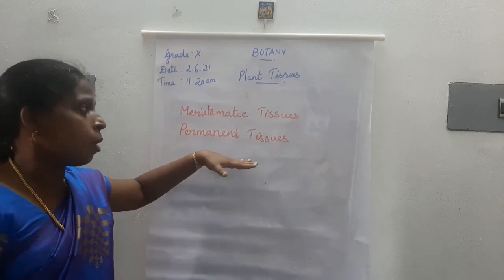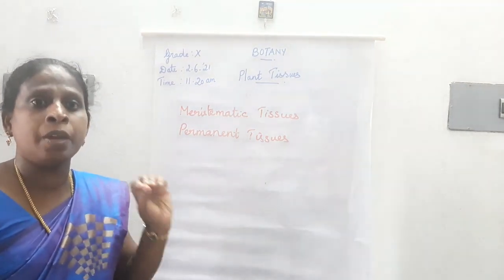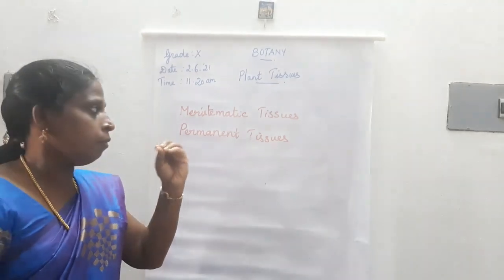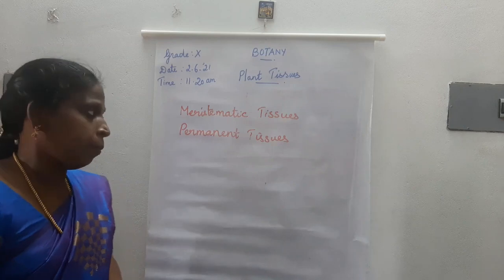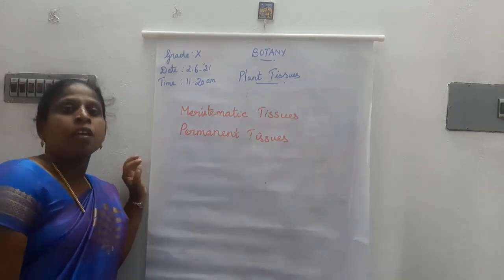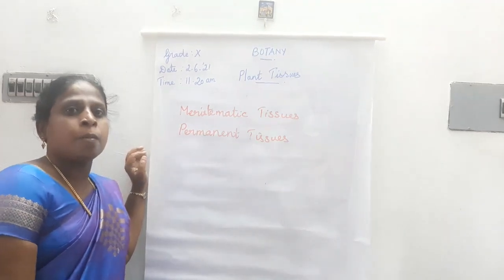So the next one is tissue system. That is only the very, very important basic things. We are going to study about the plant anatomy. Plant anatomy is the study of the internal structure of the plant part.